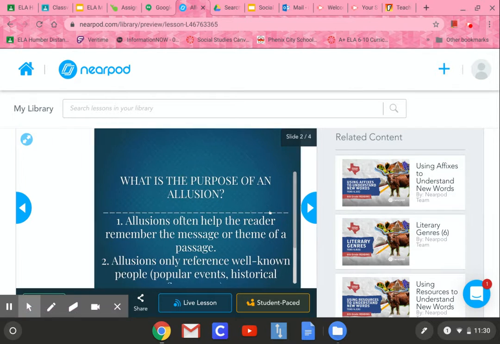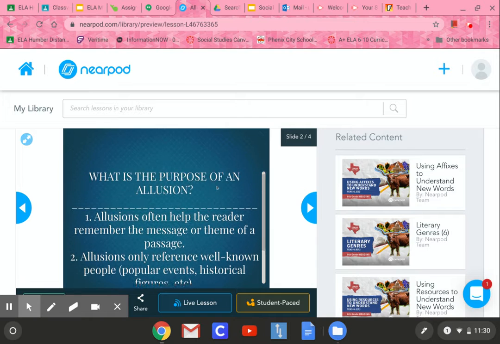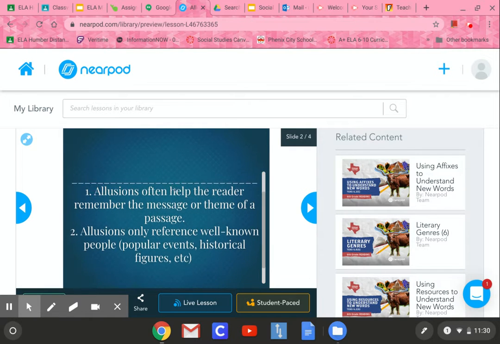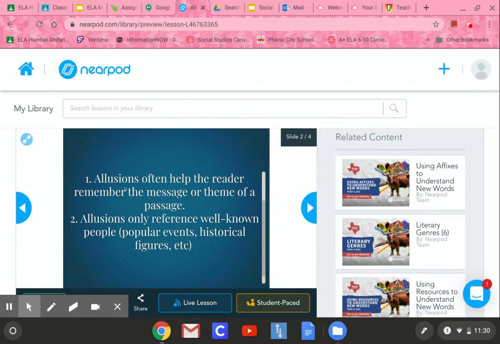Okay. So, what is the purpose of an illusion? Well, an illusion often helps the reader remember the message or the theme of a passage. I also want to say this, it also helps create an idea or a specific image in a reader's head. For example, and I got this one from you, Maylee, if someone says, "Oh man, John is as strong as Hercules," that's an illusion, right?